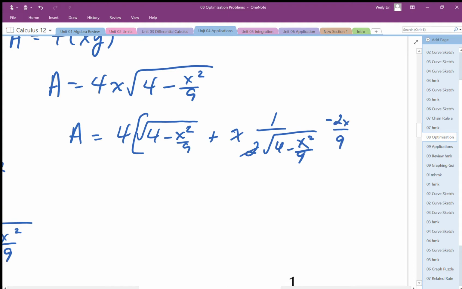Okay, so some things cancel out here. And then I'm going to solve this. So keep that 4 factored.